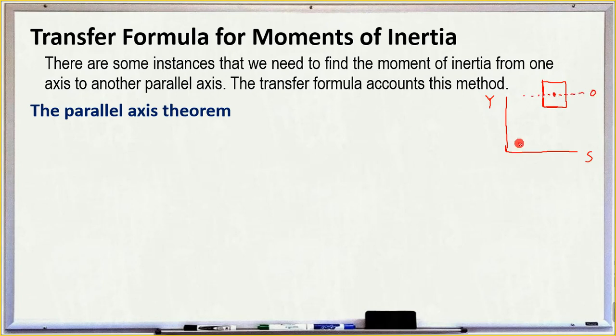This is O. Assuming that what you solved is the moment of inertia of this rectangle along its centroid, that is equal to bh cubed all over 12.